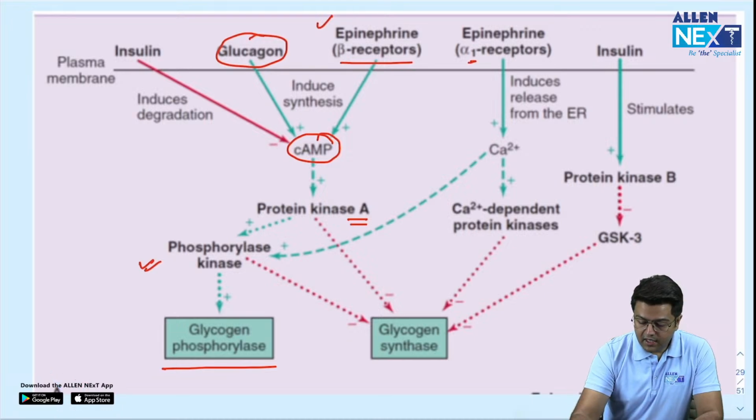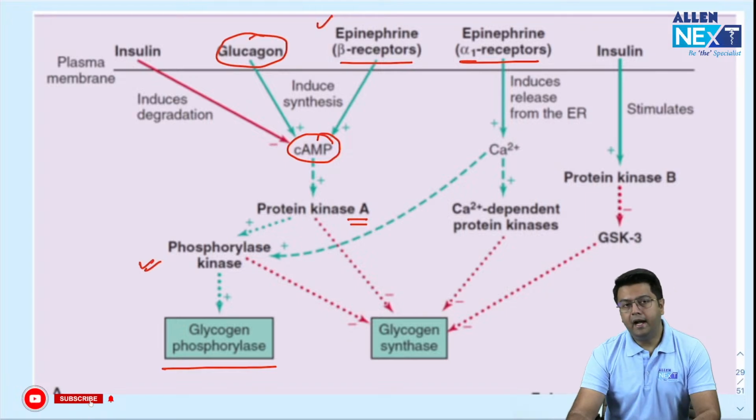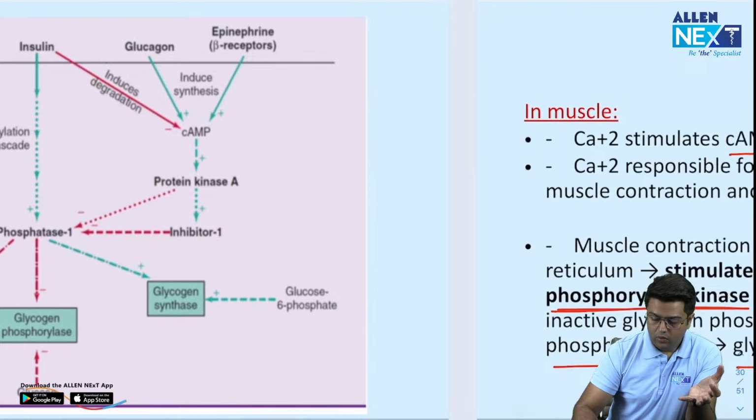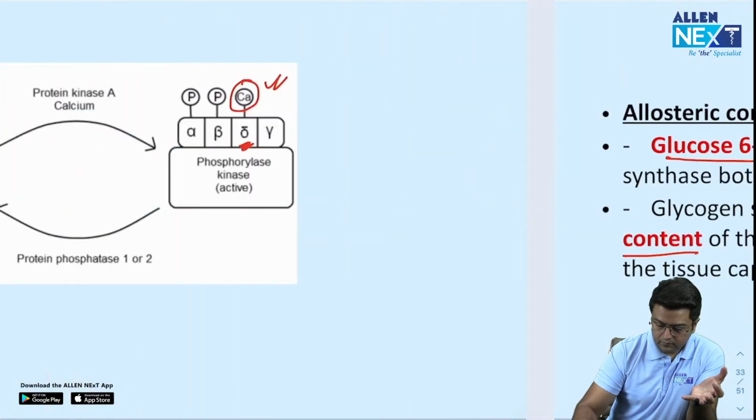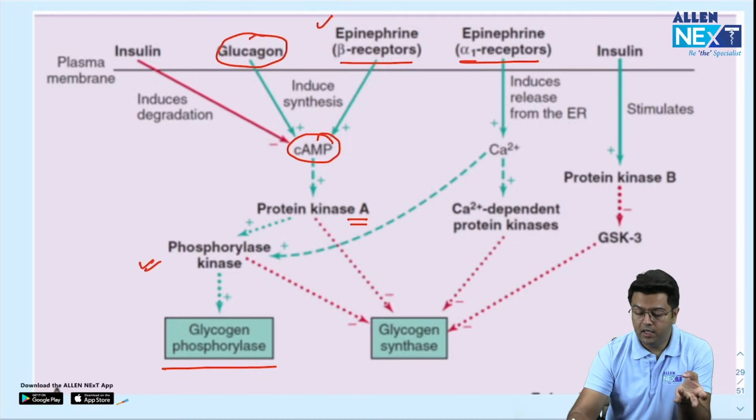And guys, if it is the alpha-1 receptors in the muscles, this will cause the activation of the enzyme. How does it happen? We can write it here like this. First of all, the alpha-1 receptors activate the G protein coupled receptors.